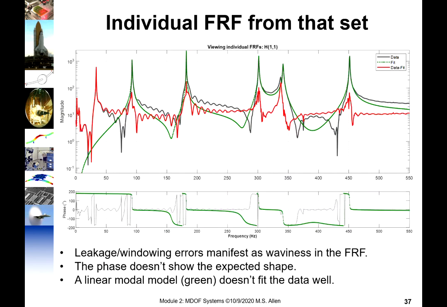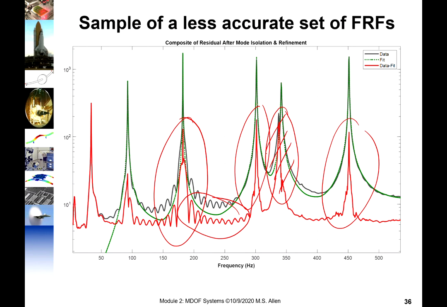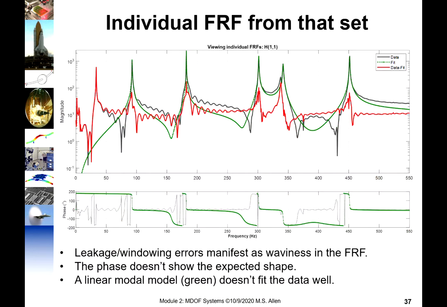Often you can get a good idea if you look at the phase. By the way, this is the average of lots of measurement points. If we just look at a single FRF, we can sometimes get an even better view. A noisy measurement will especially suffer in these anti-resonance areas, right? So those can be telltale signs.